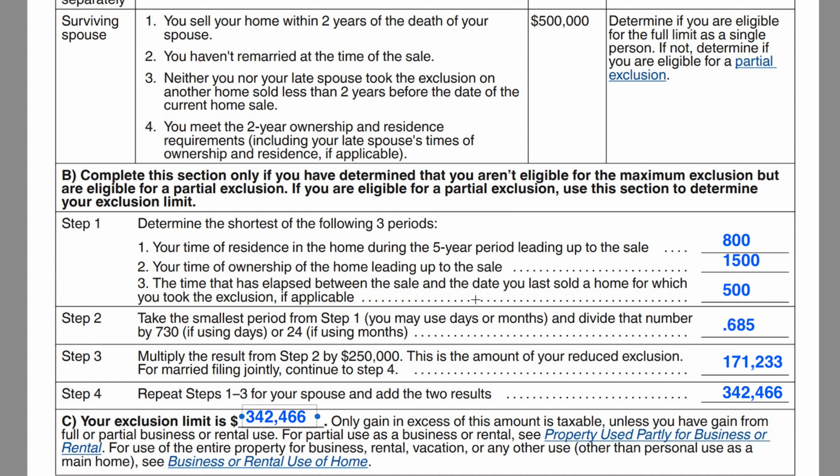Now, all of this is kind of a moot point if you ever use your home for business or for rental use, because then you would have to factor in depreciation. And if you're selling a property where you did have partial rental use, I will 100% always recommend that you hire a tax professional to do this.